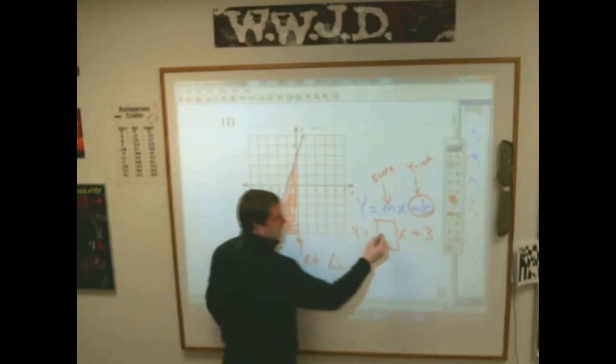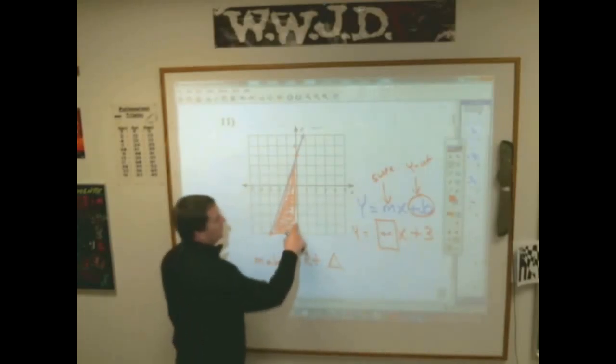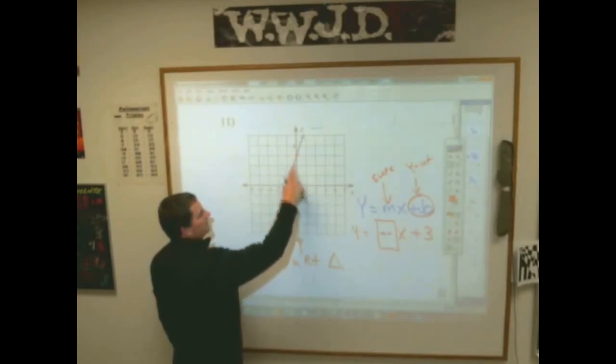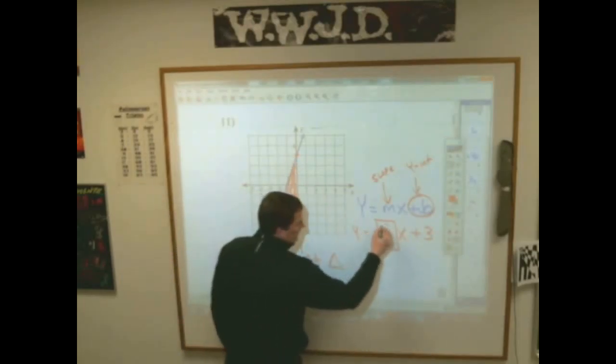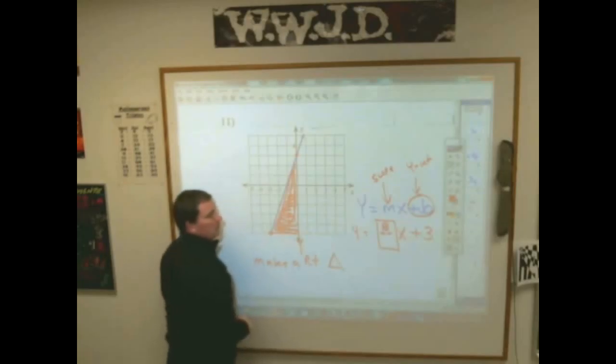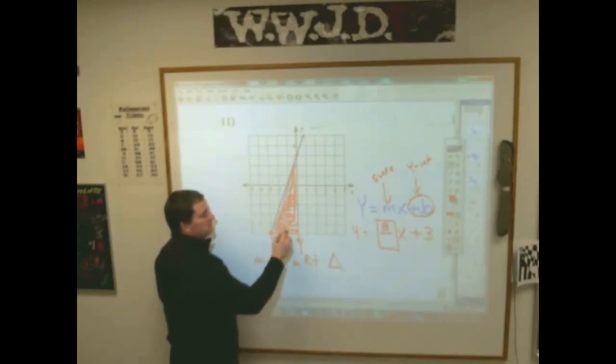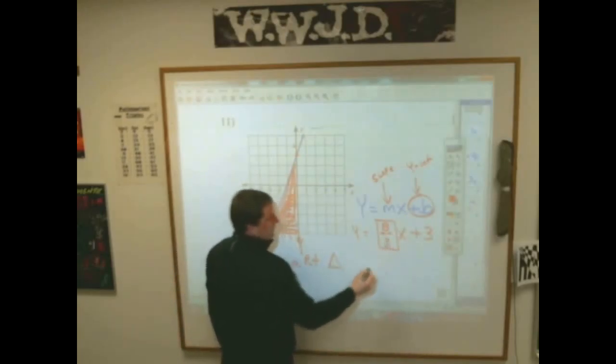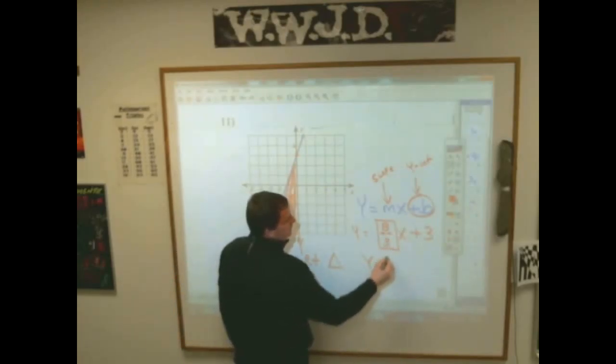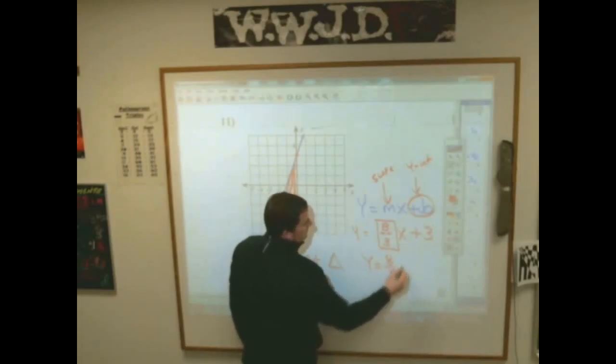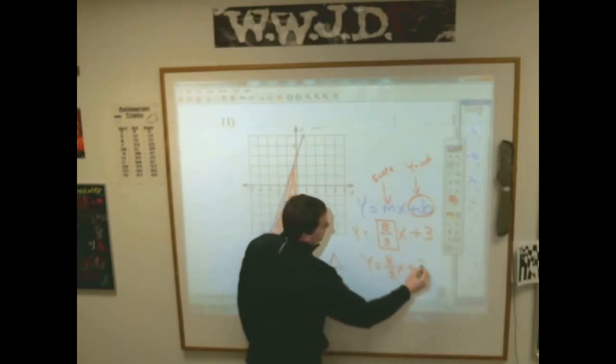It's positive, so I don't need to write a plus there, but how high is my triangle? 1, 2, 3, 4, 5, 6, 7, 8. Has to go to the top, up and down number. Over how wide is my triangle? 1, 2, 3 spaces wide. This is my equation. Y equals 8/3 x plus 3.